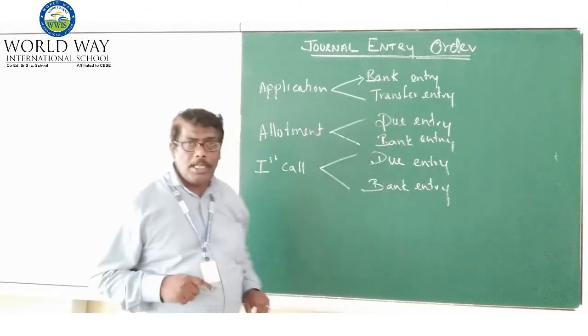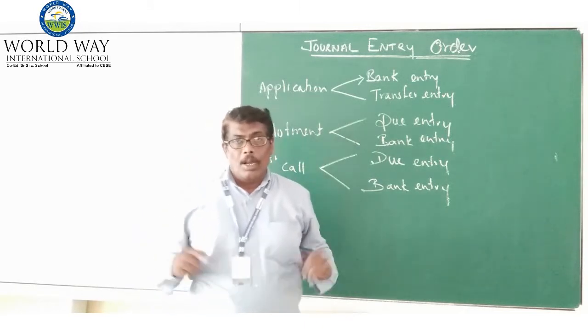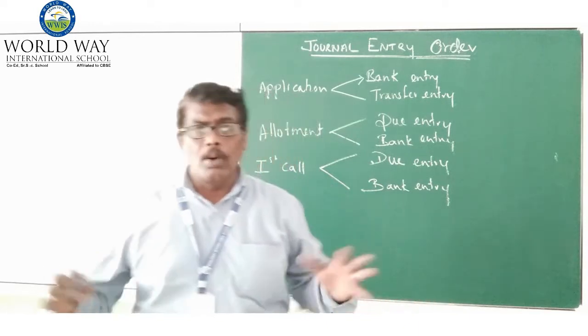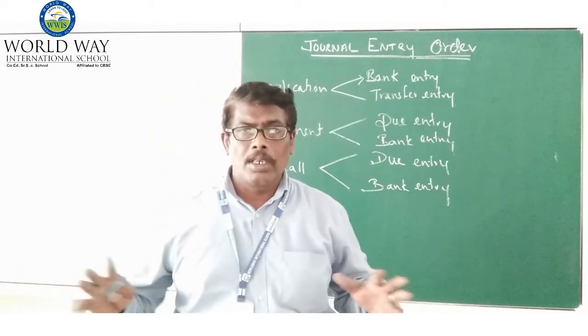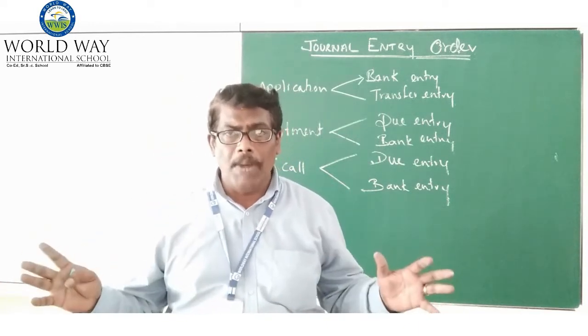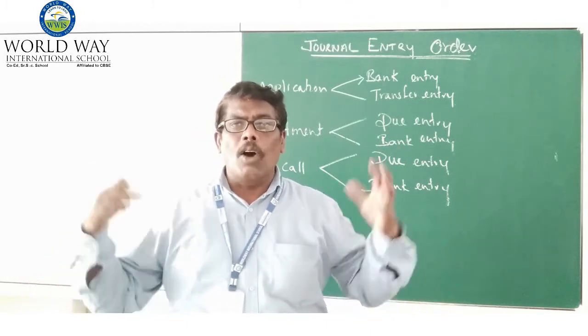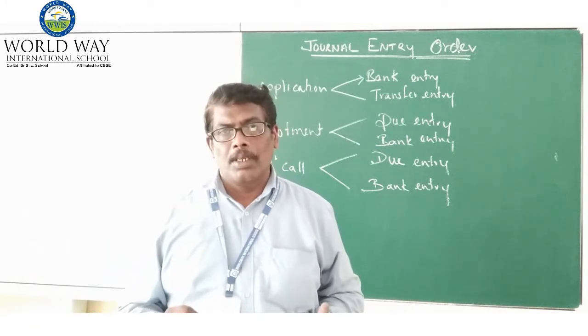Then come to the allotment category. The company feels that the applicant is well and good, holding good status and good credibility in the market. Then the company wishes to offer shares to him.